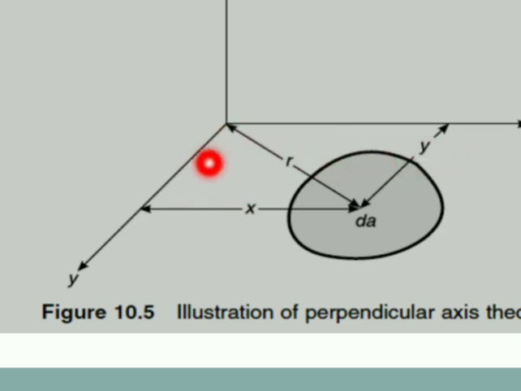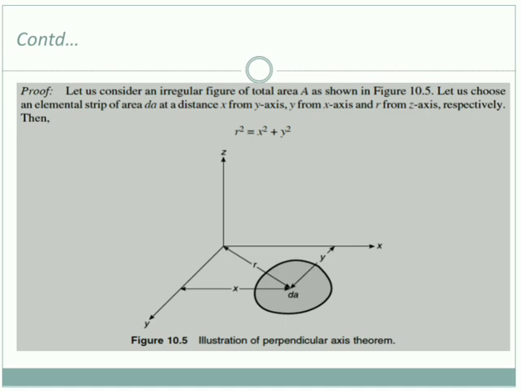So see here friends, this triangular area I am considering with r as hypotenuse, x as the base, and this height is nothing but your y. Therefore, from a right angle triangle, using your Pythagoras theorem, what we can write, r square is equal to x square plus y square. So this is the elementary thing which we have derived, which we will be further using in our equations.